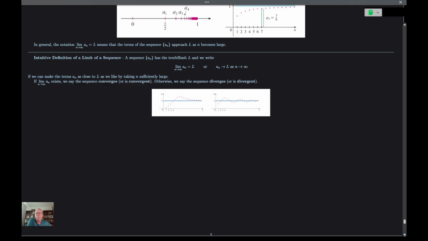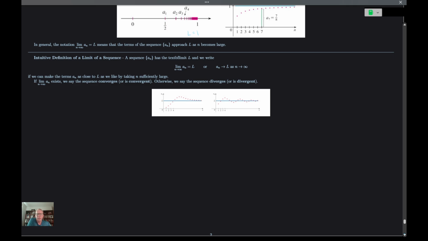In other words, in this sequence, the limit is 1, so L would equal 1. However close you want to get to 1, you can find a term in the sequence that will be that close to 1, and then all the terms after that will be that close or closer to 1.